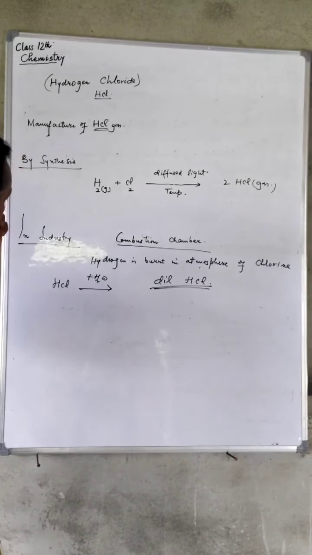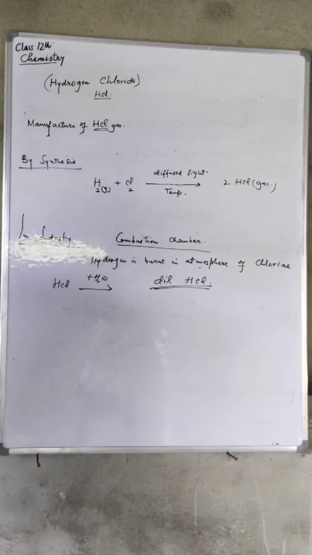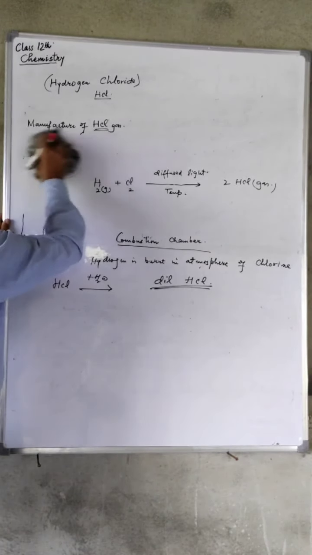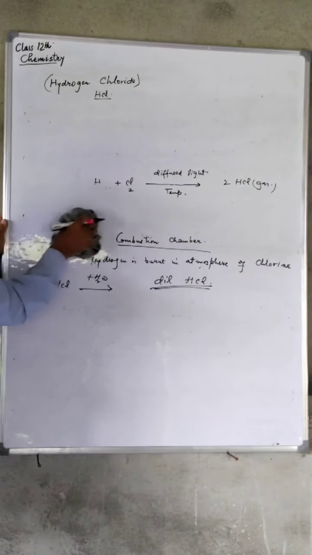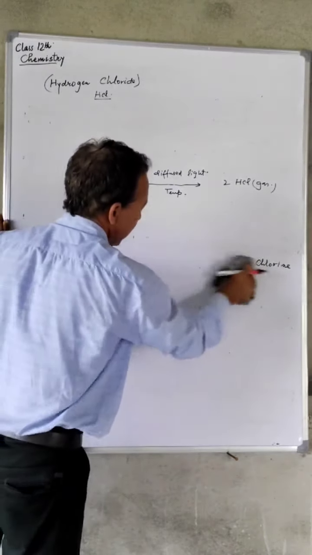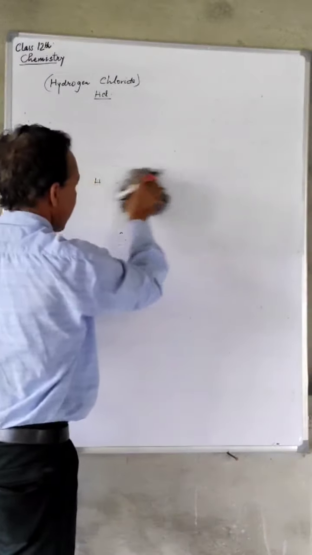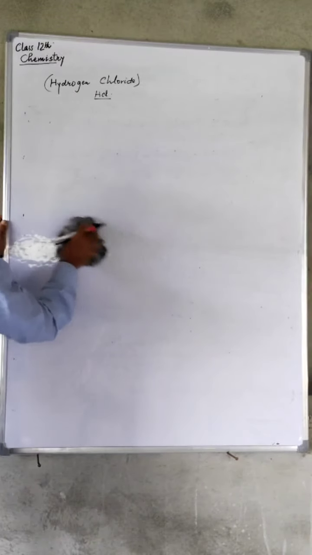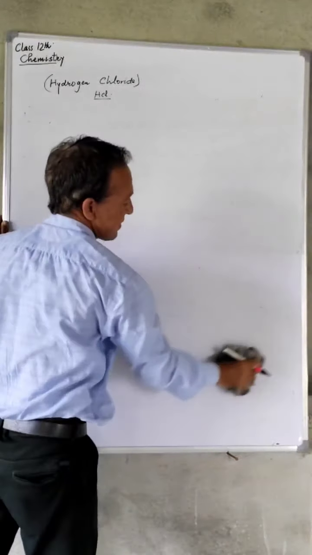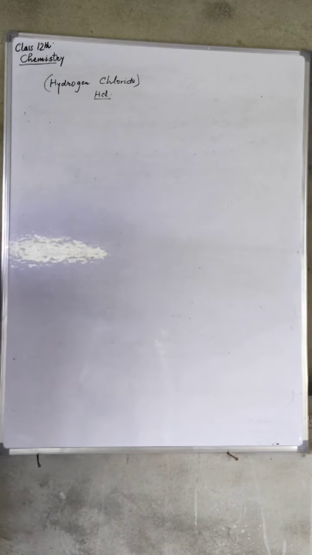So this is how on a large scale in the industry we prepare HCl, by absorbing the HCl gas in water.